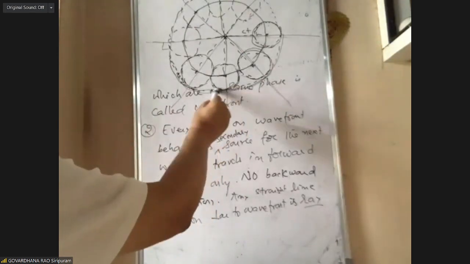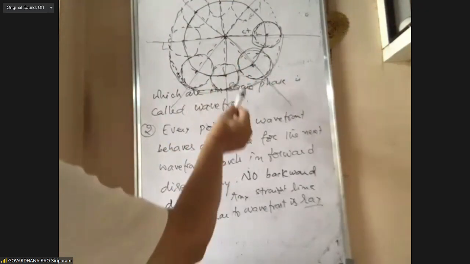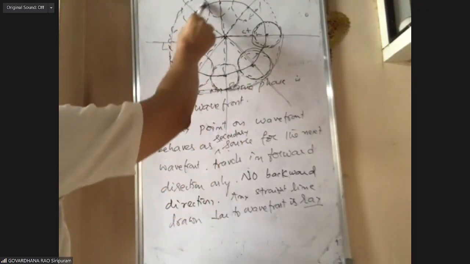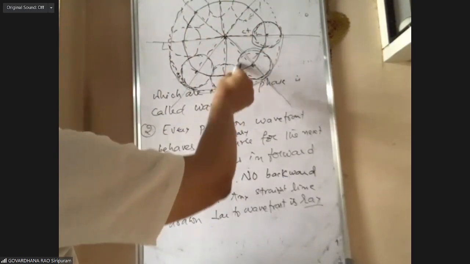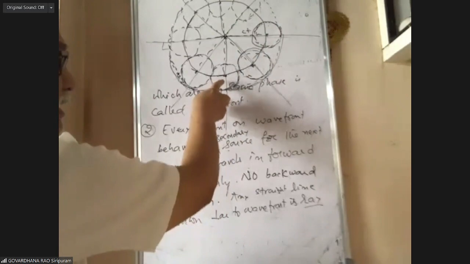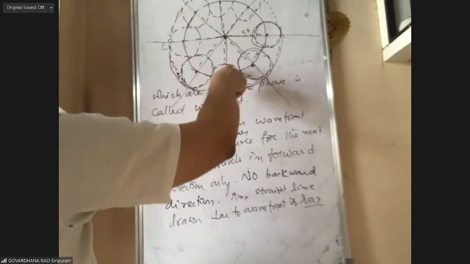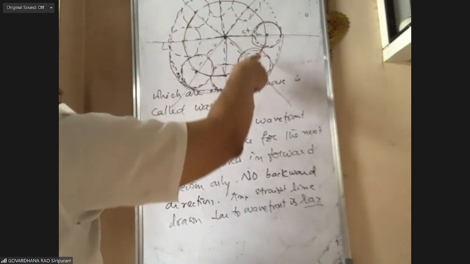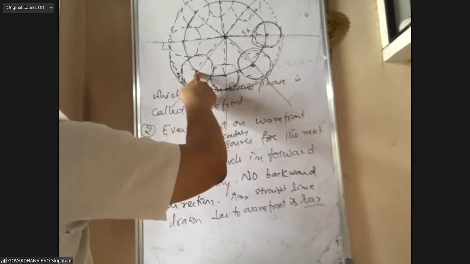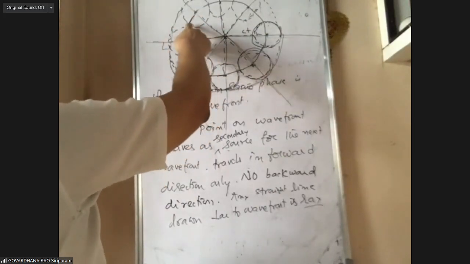These circles are called wavefronts. This is the big wavefront. These are the small wavefronts derived from the secondary source, because this is the original wavefront, no? Yes, sir. But on the original wavefront, every point behaves as a secondary source for the next wavefront.